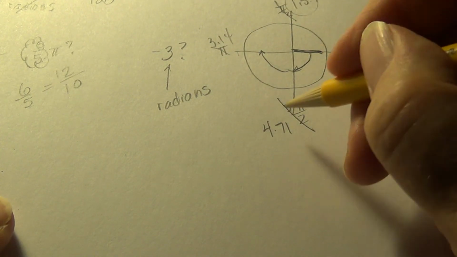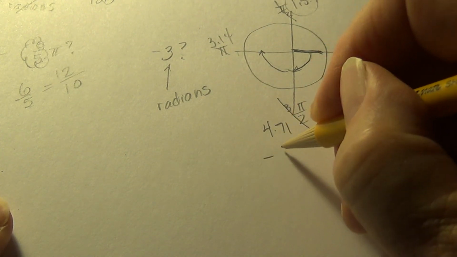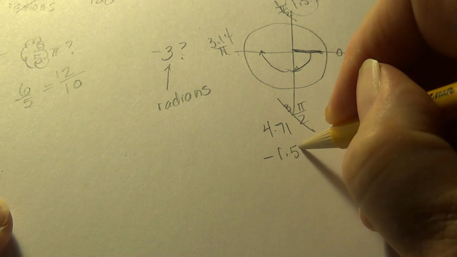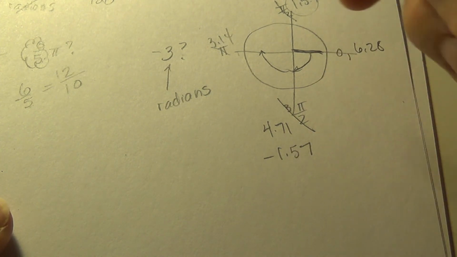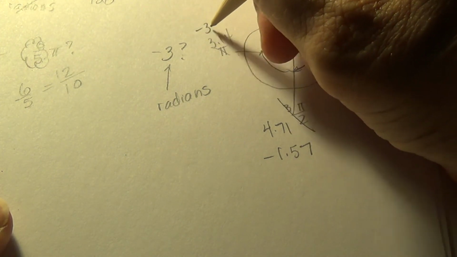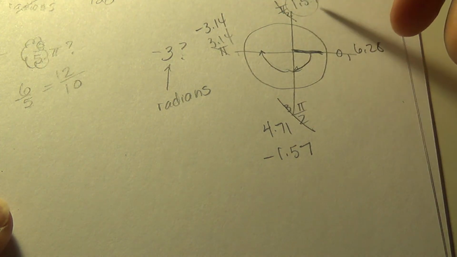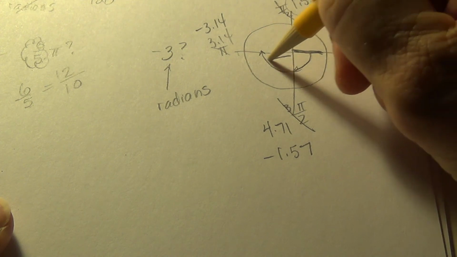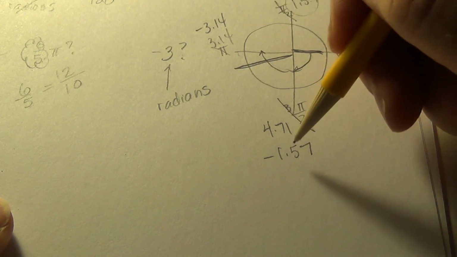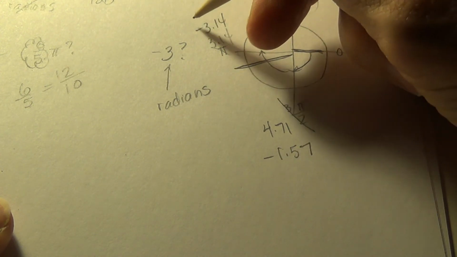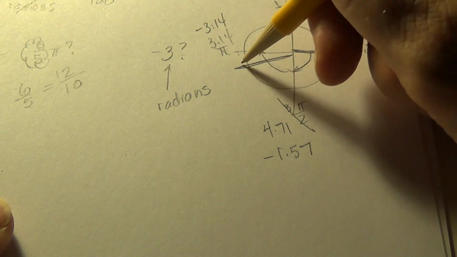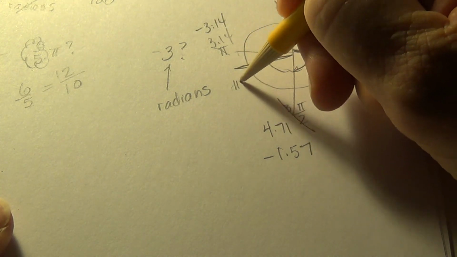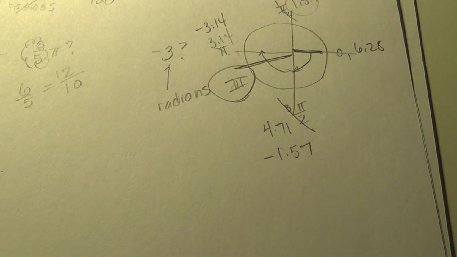So this 4.71 is the same as negative 1.57, just in changing directions, and this is the same as negative 3.14. So you can see negative 3 is going to fall again in quadrant 3. In between negative 1.57 and negative 3.14, negative 3 would fall. So once again, the answer is quadrant 3. They won't all be quadrant 3.